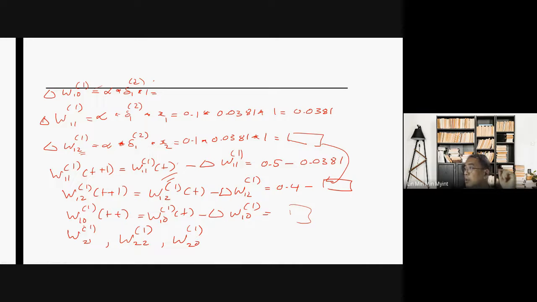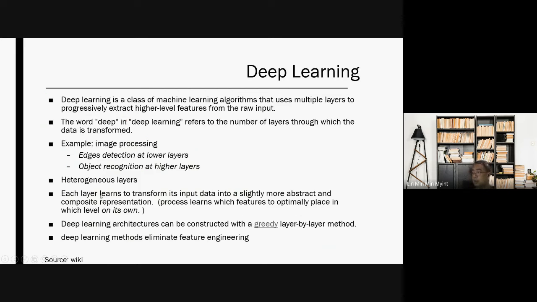So let's continue with deep learning. Actually, deep learning is part of machine learning. It's a class of machine learning algorithms, but it uses multiple layers.